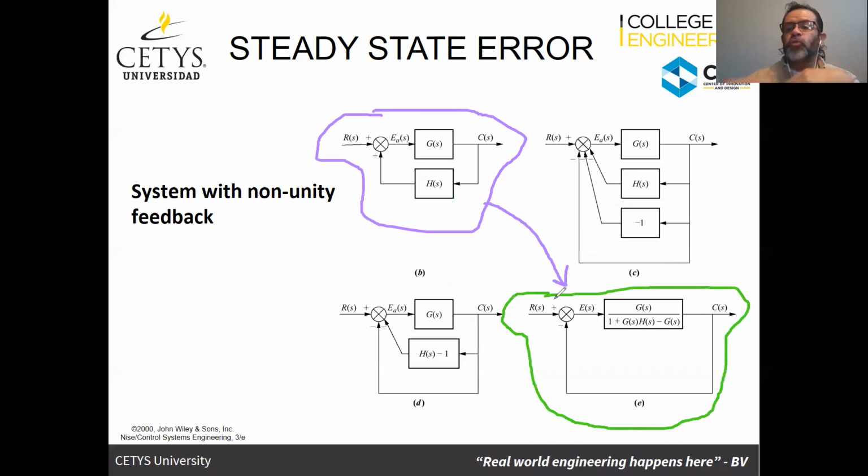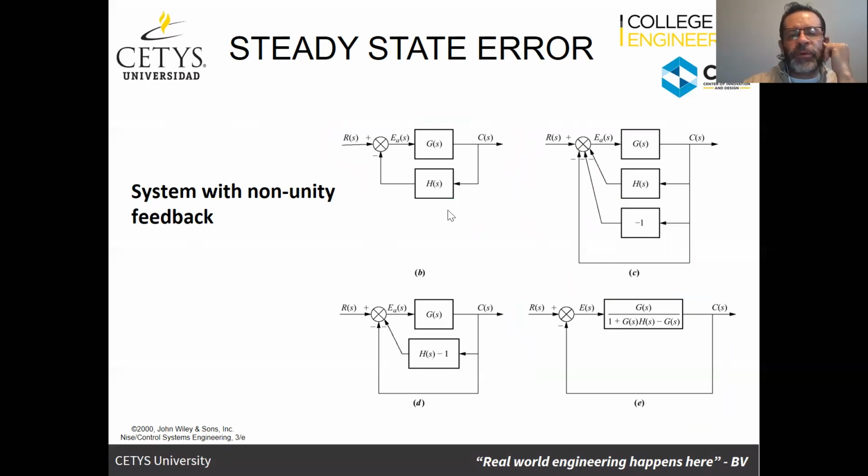It's the same system, but it's represented as a unity feedback. So I can go from the purple to the green, and now I've got a new forward transfer function, which is this one. That is the one I can use for the steady state analysis with the expressions that we've derived previously.